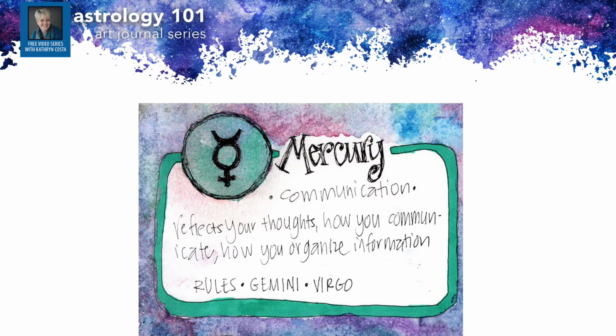Gemini is very chatty, a great orator, an excellent teacher, great in writing. They communicate very easily like that. With Virgo, it shows up in also a great communicator, but the focus is more on organizing ideas and real clarity of thought in looking at systems and processes.